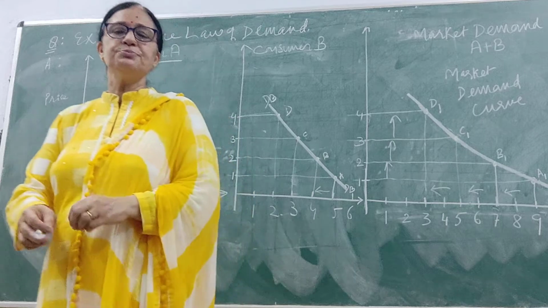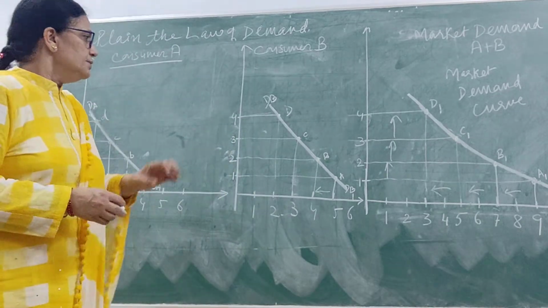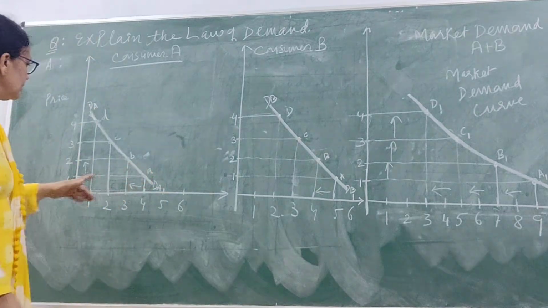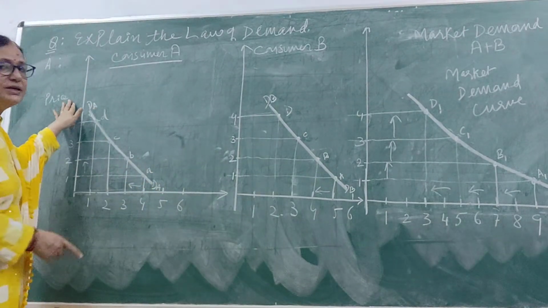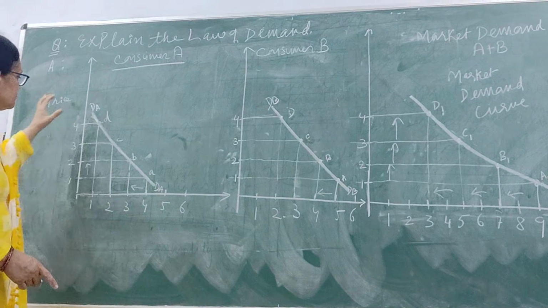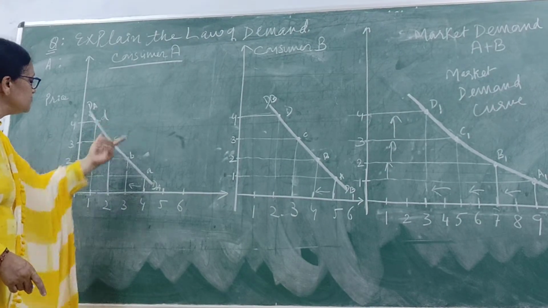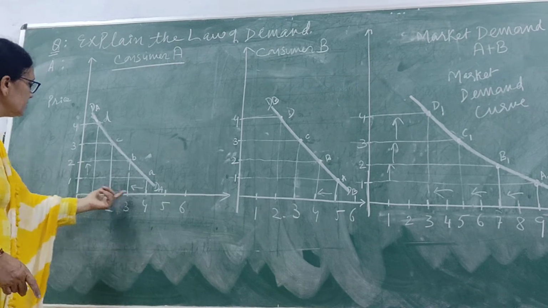Now what is the most important point here is making the diagrams correct. You have to take the scale on x-axis and on y-axis very properly. Because we are keeping a gap of 1, so in the consumer A individual demand schedule 1 का gap है.